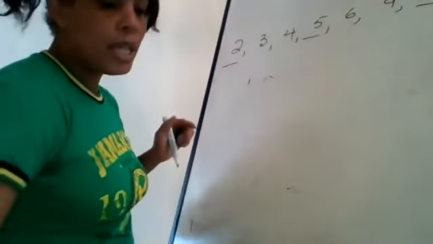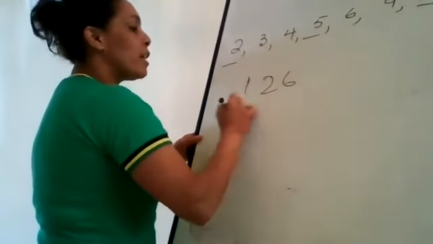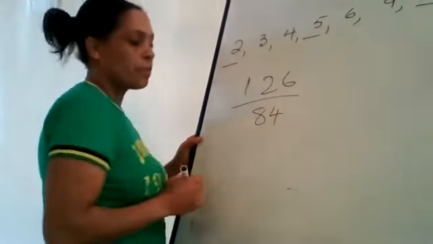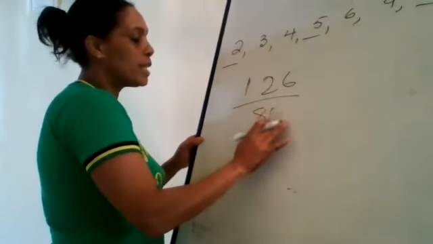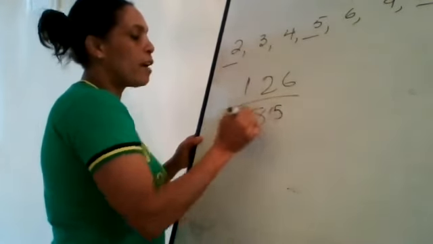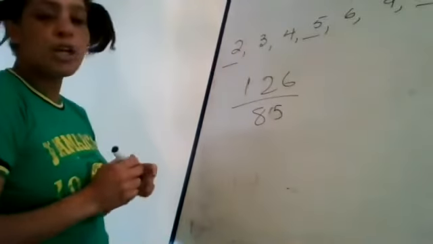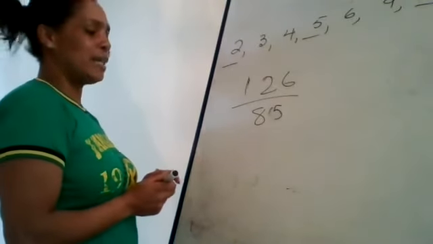For example, if I have the number 126 divided by 84. Okay, let's say we are going to divide that by 85. I'm like, oh, what's going to be working?